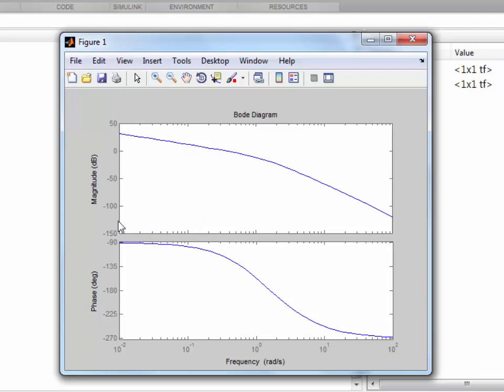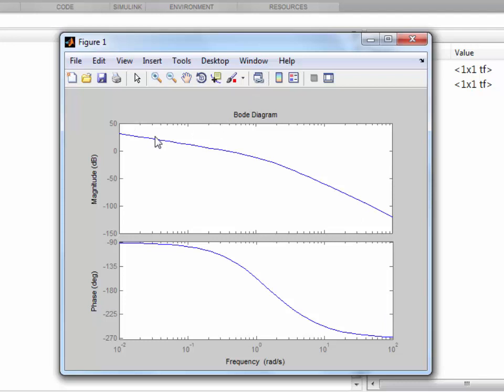You can see that the phase is minus 90 degrees at low frequencies, also because of the integrator. At high frequencies, it drops down an extra 180 degrees, indicating that there are a total of 3 more poles than zeros. So we have 4 poles and 1 zero.